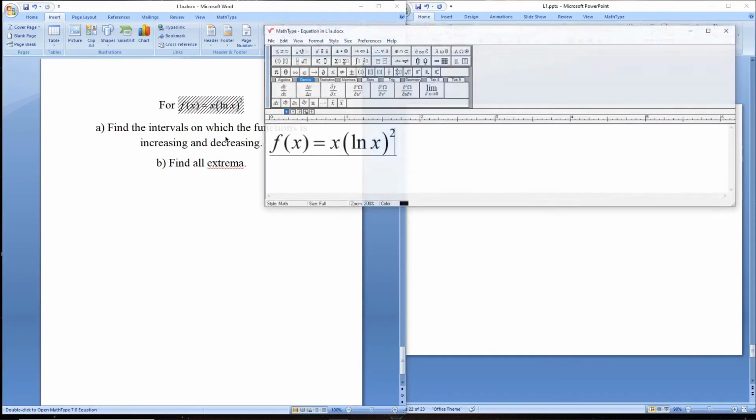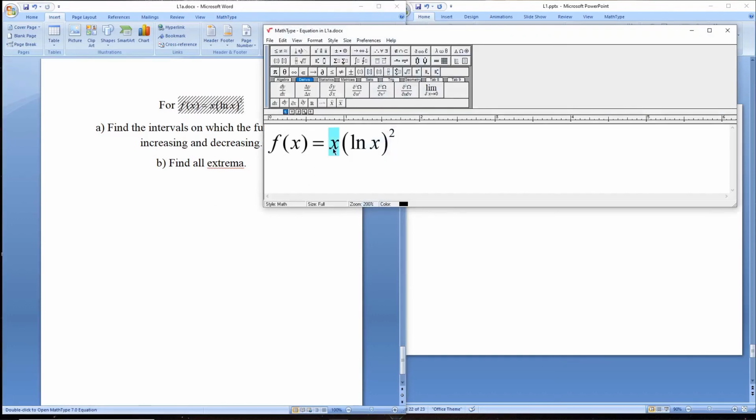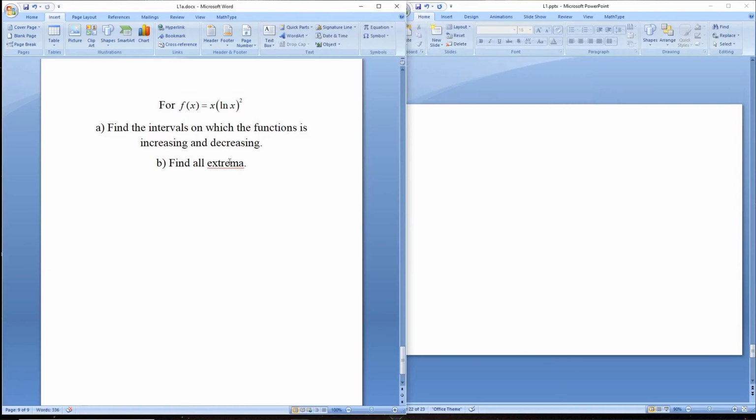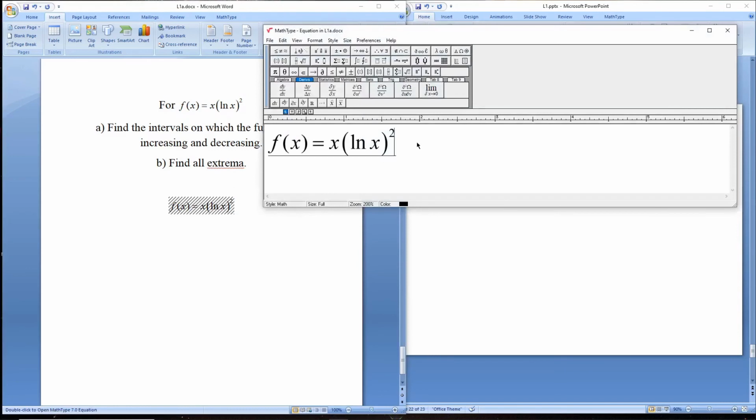Now, x is a polynomial, so x accepts all real numbers. Log, however, does not. Log will restrict our domain. And now, unlike the square root, you can take the square root of a negative number.